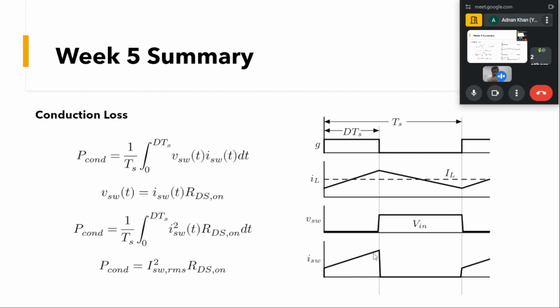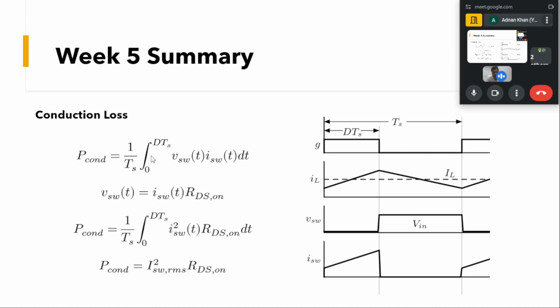How to calculate this conduction loss, as I told you earlier: since this is varying over a time interval, what we do is calculate the average of the power loss in a switching cycle.